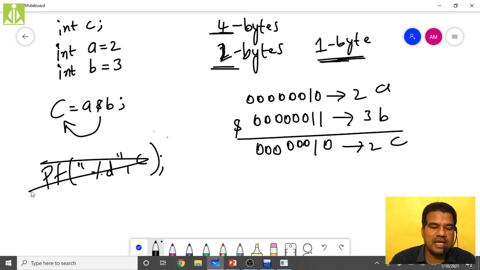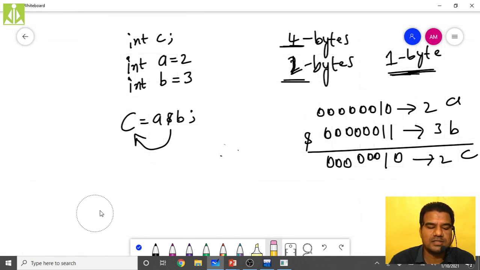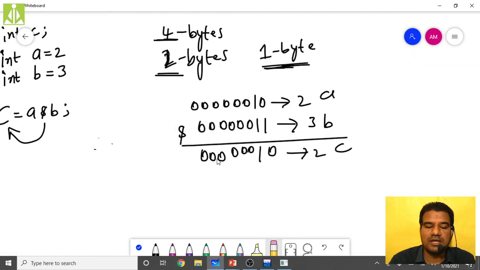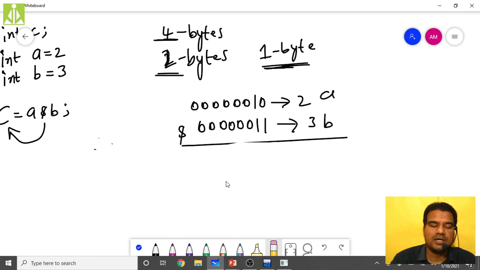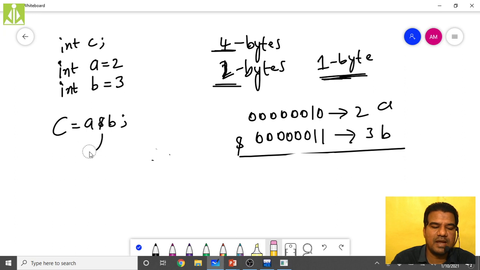The same thing we are taking, a value and b value, the same as we supplied, like 3.